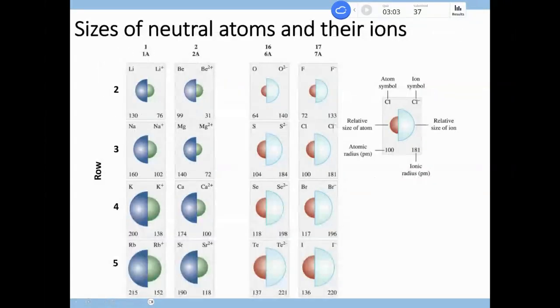And so this next slide shows relative sizes of neutral atoms and their common ions. So over here we have column 1, lithium, sodium, potassium, rubidium. As a neutral atom, they have some atomic size, and the atomic radius in picometers is shown on the left.